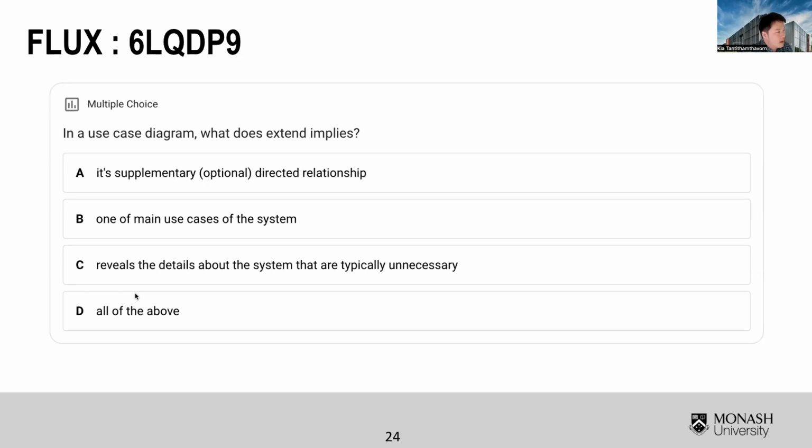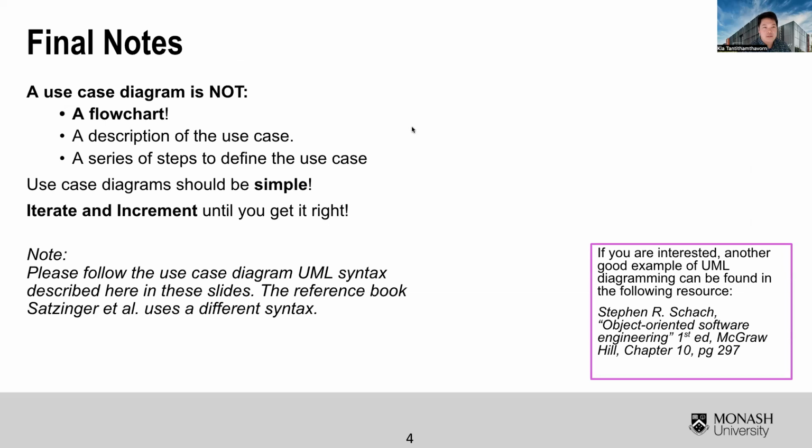Most of the students got the correct answer. Extend, okay, extend. I will move on now.